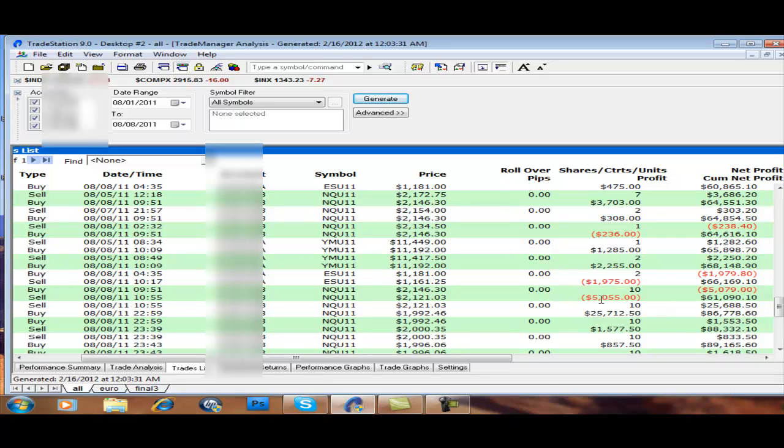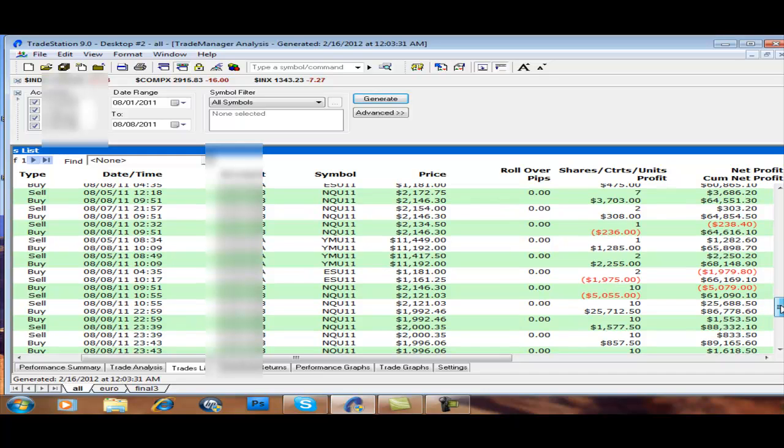So one trade, within an hour I'm down 5,000, and at the end of that hour I totally reversed position with the same number of contracts and closed that position less than half a day later, up $20,000 difference there. So I just thought that was a little interesting trade.